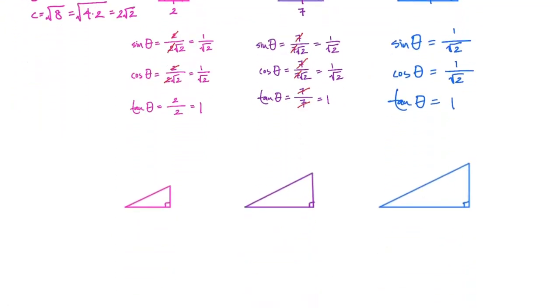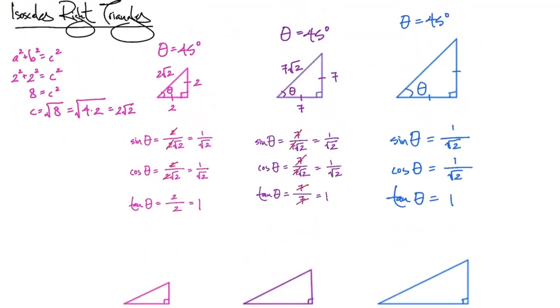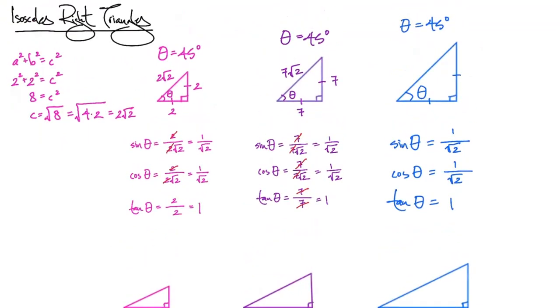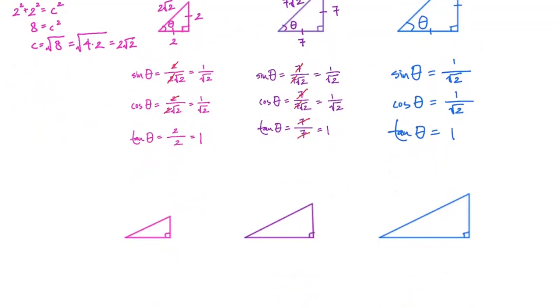All right. I do want to try this again with a different special right triangle. Before we had an isosceles right triangle, but this time we're looking at what we call 30, 60, 90 triangles.